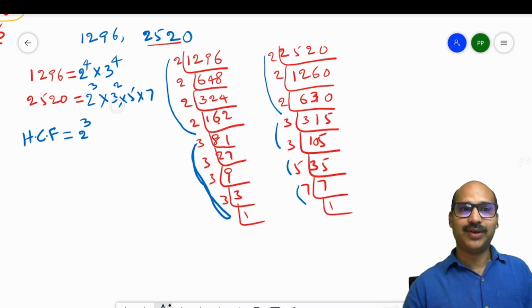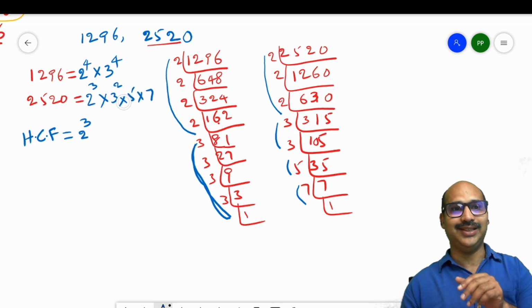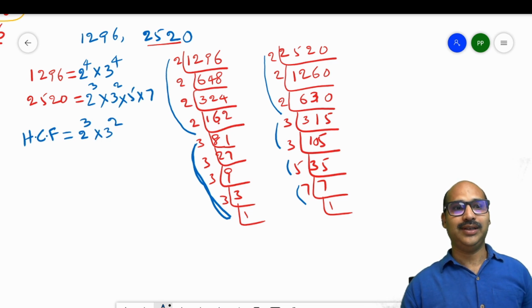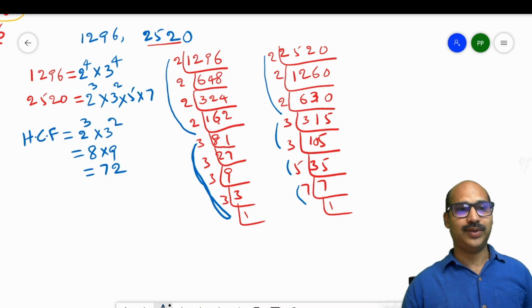Here 3 square is there. This 3 square is also part of this. Here extra 3's are there, but in this number they are not there. So here what we have to consider? 2 cube into 3 square, which is equal to 8 into 9, which is equal to 72. So HCF is equal to 72.